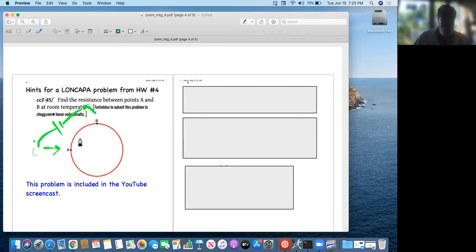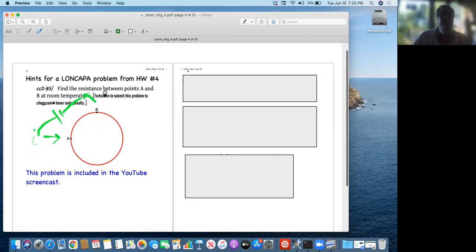What's the resistance? Now, of course, you know the relation between resistance and voltage is Ohm's law. So the voltage divided by the resistance will be the current.